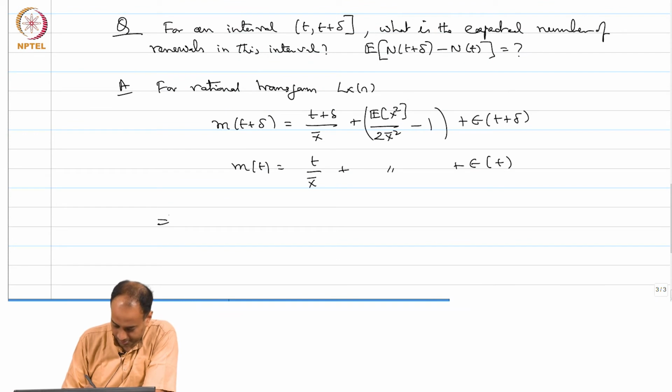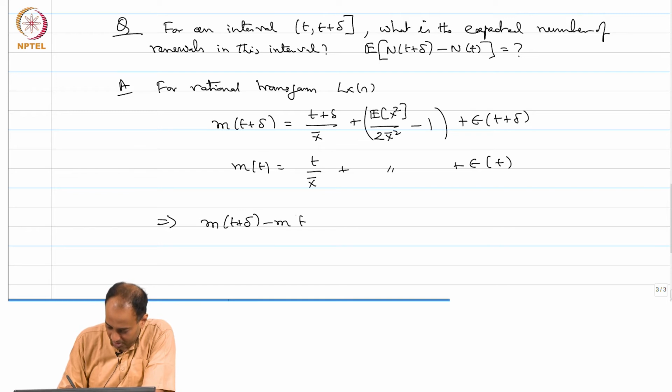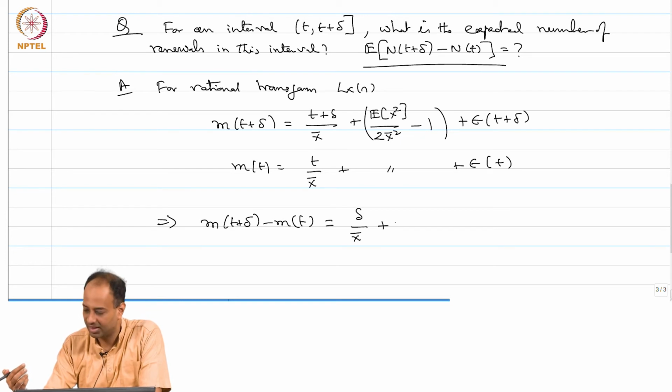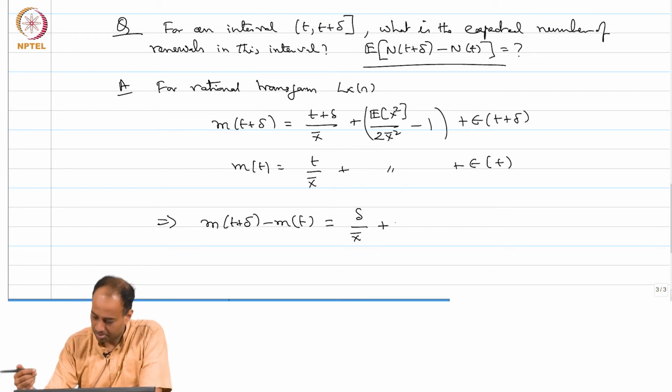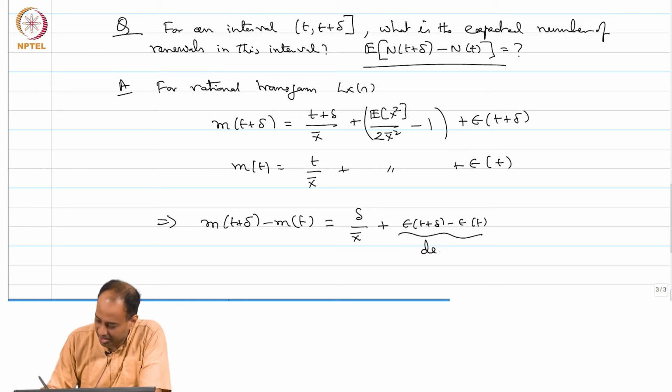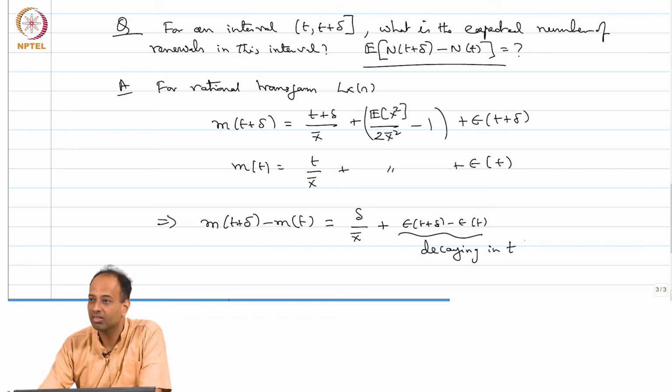Therefore, m of t plus delta minus m of t, which is what you want, is equal to what? Delta over x bar plus, this constant term cancels, right, plus this epsilon t plus delta minus epsilon t. Anyway, this whole thing is decaying in t, correct.